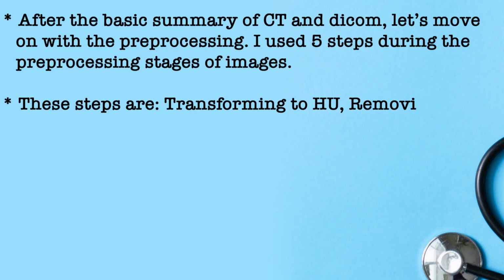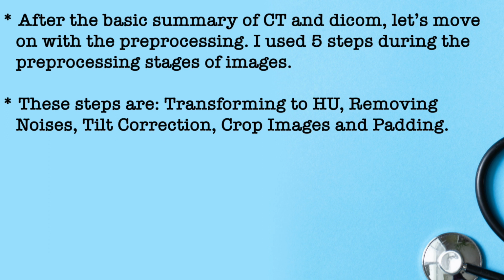After the basic summary of computer tomography and DICOM, let's move on with the pre-processing. I used 5 steps during the pre-processing stages of images. These steps are transforming the HU, removing the noise, tilt correction, crop images and padding.